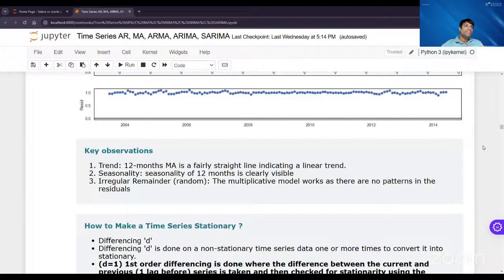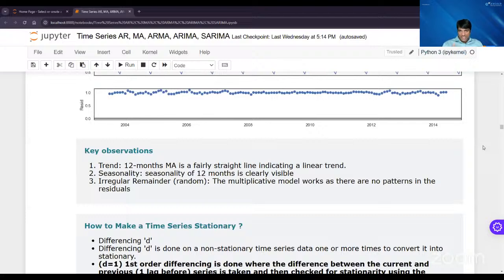How the data is behaving, how the sales are happening, what pattern or behavior it is following will be difficult for statistical models to capture if we have trend and seasonality in the data. That is why the trend and seasonality have to be removed if the data has those features. That is what we call non-stationary.